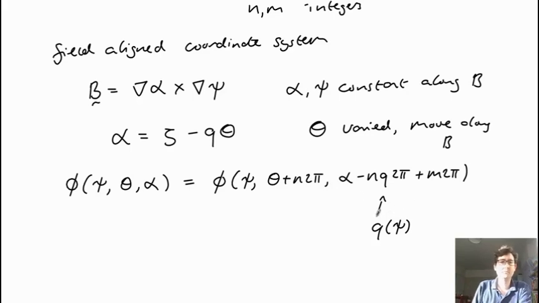And this same problem turns up when you look at the gradients of these functions. If you take the gradient of alpha, for example, this is just the gradient of psi, which is pretty straightforward. But then, because q can depend on psi, you end up with a q times grad theta, but you also have a term with theta times dq by d psi, so q prime times grad psi.